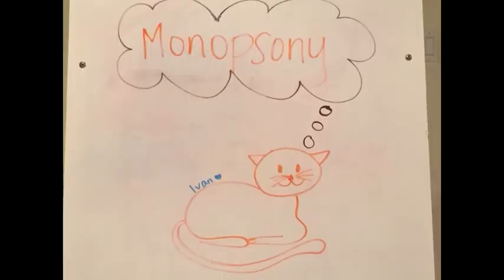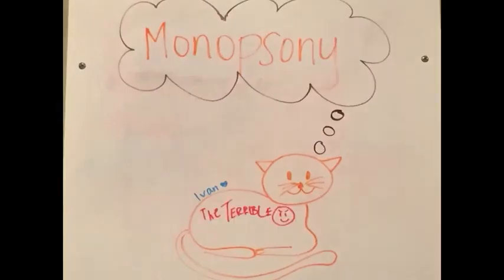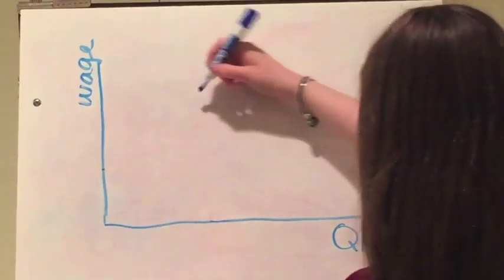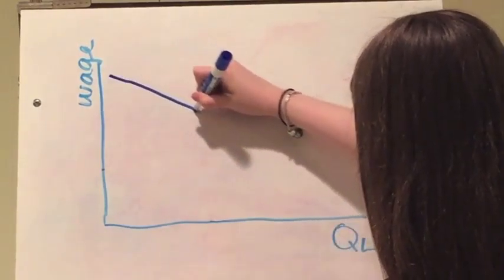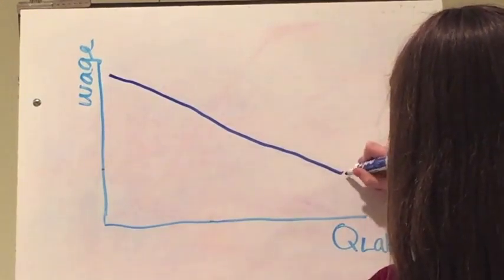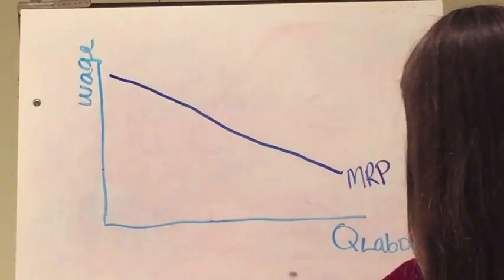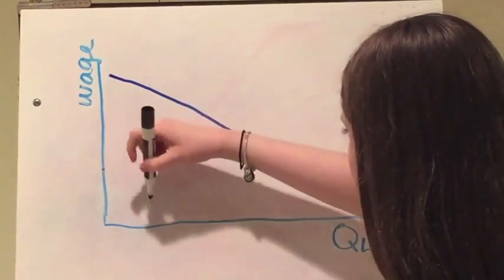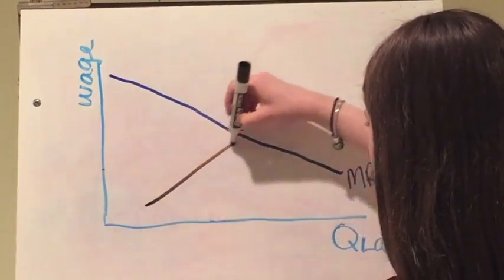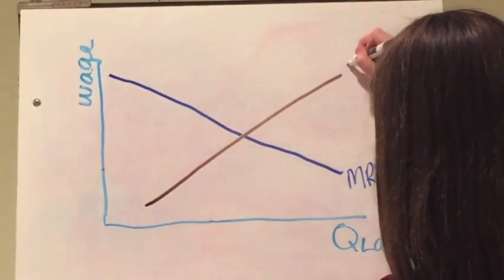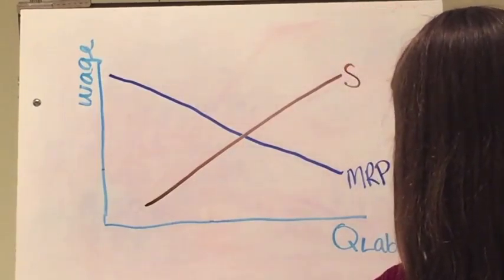A monopsonistic labor market is one in which there is only one buyer of labor in the resource market. Thus, the firm has the ability to set its own price to attract the optimal amount of workers. A monopsony graph has different curves than a perfect competition market graph. MRC diverges from the supply curve. This is because in a monopsony, the same wage is paid to all workers, so an increase in the quantity of labor means an increase in the wage of all already hired workers.